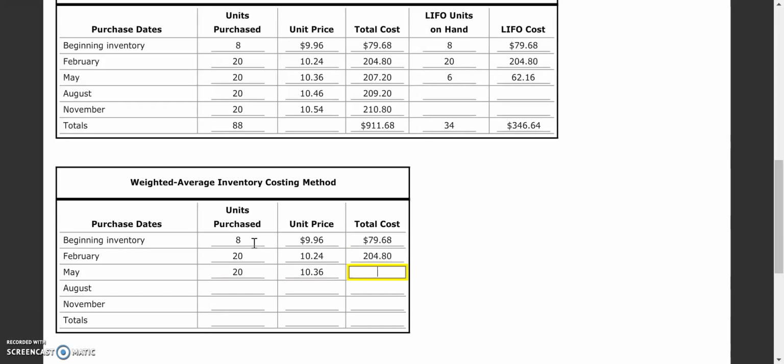We're just changing the way that we calculate our ending inventory. And just like always, we don't total our unit price, but we do need to find our total cost because that is an important part of figuring out our weighted average costing.